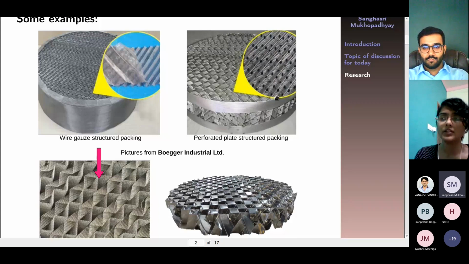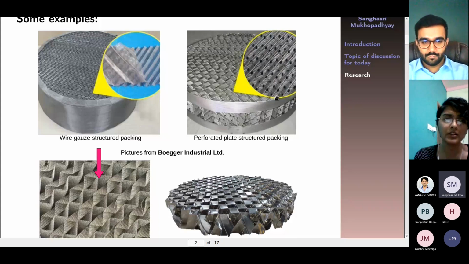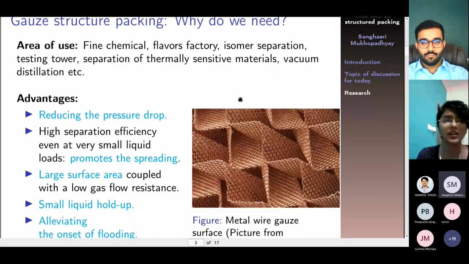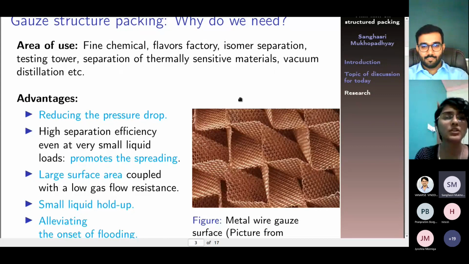Okay, I'm not much of an expert on structured packing itself, but mostly these structured packings are used in these flavor factories and vacuum distillation, the places where we need to reduce the pressure drop, because of course in an experiment or in an industrial work, we don't need the pressure to drop from one point to another point.